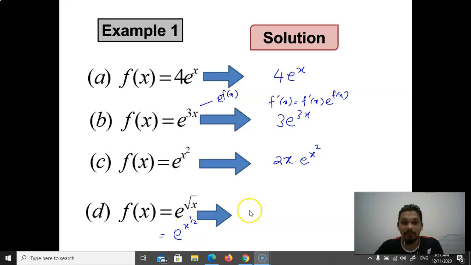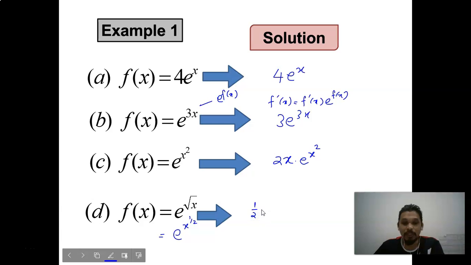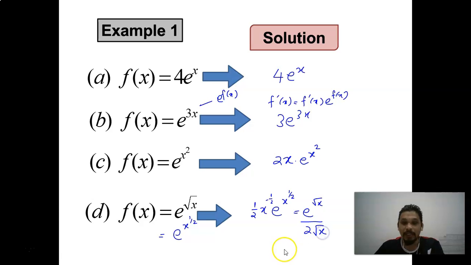Differentiate x to the power of half, which is 1 over 2 times x to the power of half minus 1, equal to negative 1 over 2, then e to the power of x to the power of 1 over 2. So this is u and this is u prime, for f(x) and f prime. So 1 over 2x to the power of negative 1 over 2, then this gives you e to the power of square root of x divided by 2 square root of x.